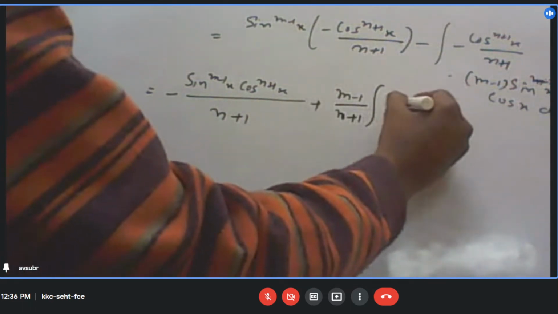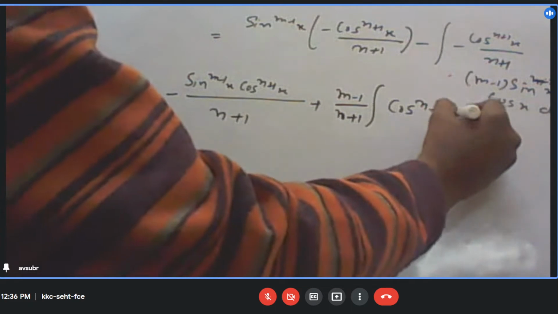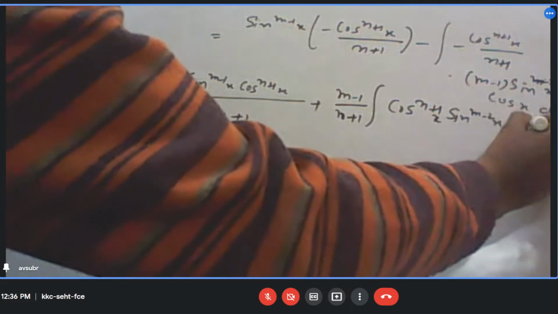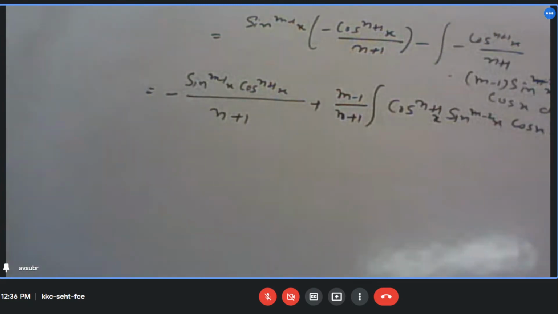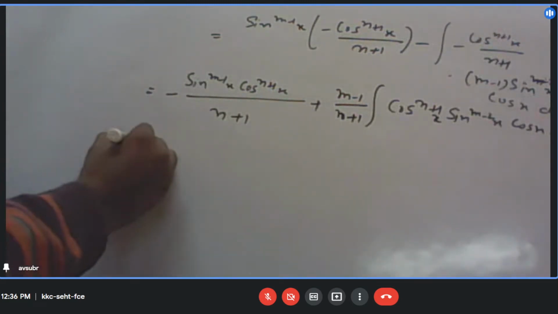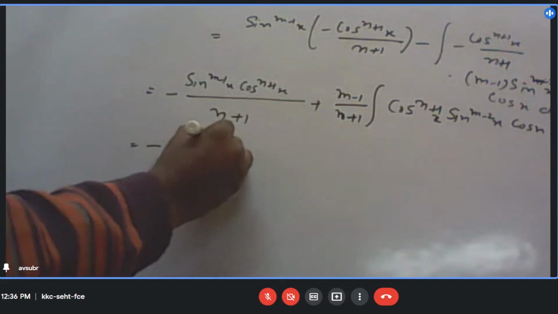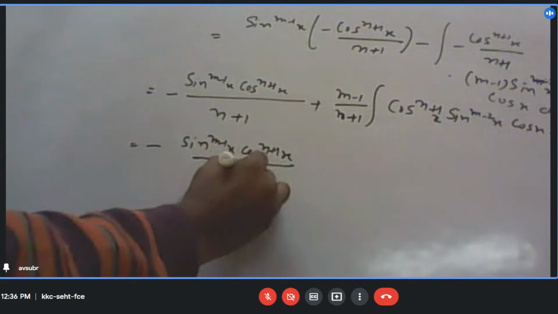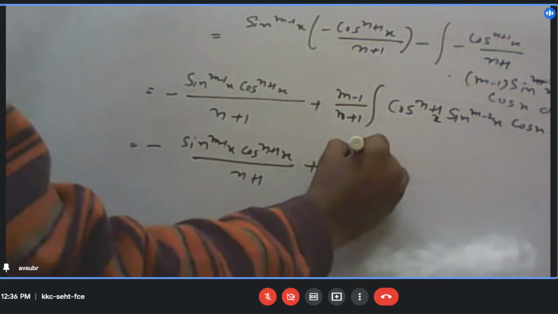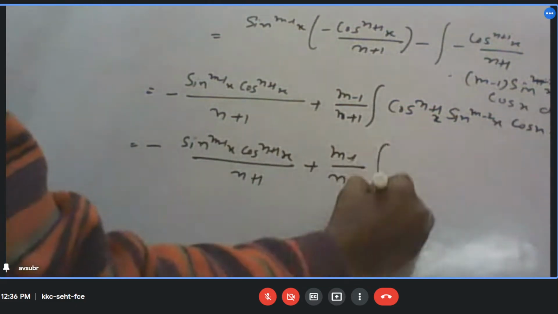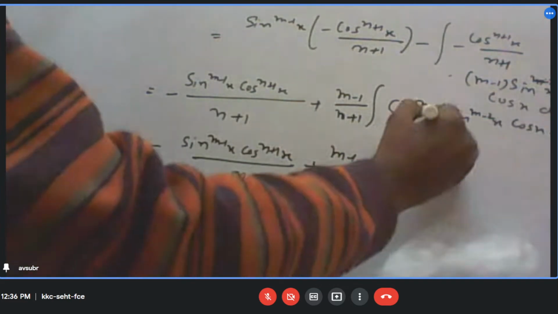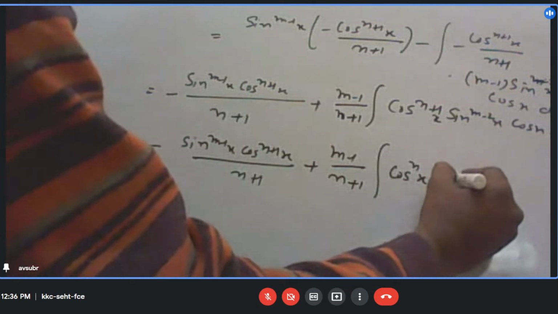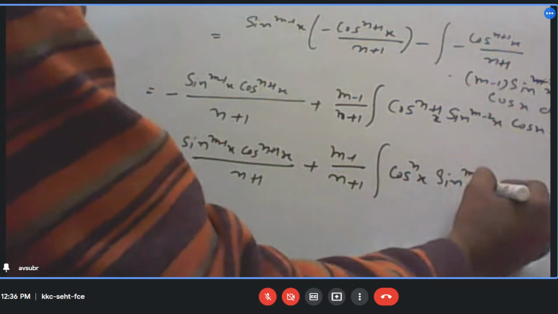So I can write it as cos n plus 1 x sin m minus 2 x cos x dx. Can I write it like this? That is cos to the power n x multiplied by cos x, into sin to the power m minus 2 x.